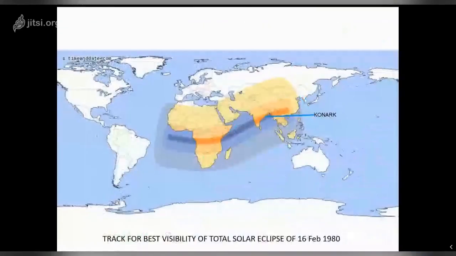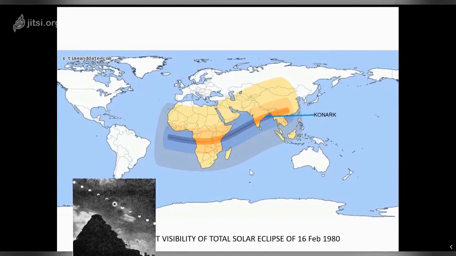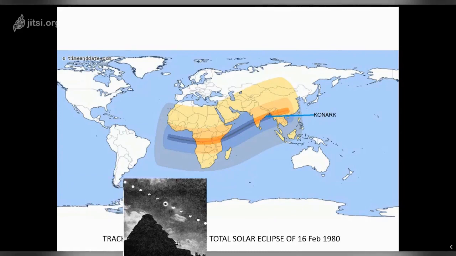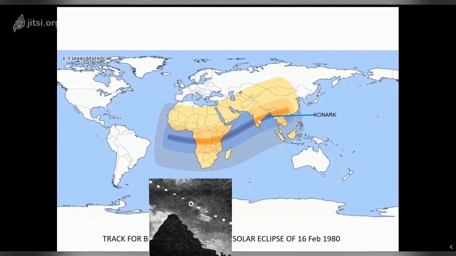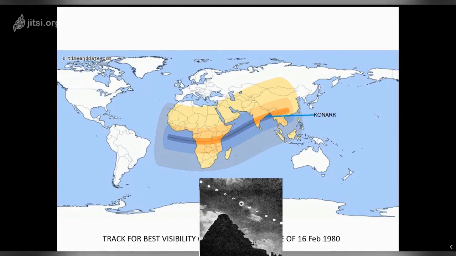Coming to this proposal for a possible geopark, I'll start with this. The total solar eclipse of 1980 brought a lot of scientists from all over the world to this location at Konarak. Now look at this track which traverses across Africa and then comes to India, and it touches Konarak and crosses over to China.